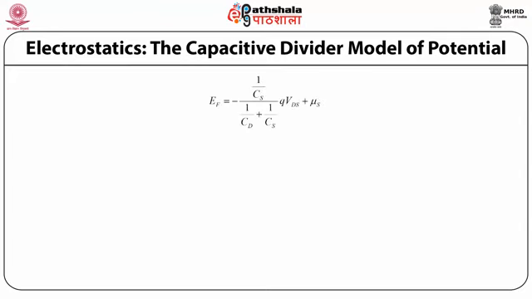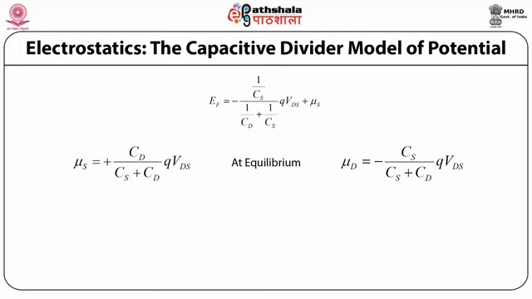That is, EF is equal to minus (1/CS divided by (1/CD plus 1/CS)) multiplied by Q VDS plus mu S. If the Fermi energy of the nanoparticle at equilibrium is taken as a reference, that is EF equal to 0, then mu S is equal to plus CD by (CS plus CD) multiplied by QVDS, and mu D is equal to minus CS by (CS plus CD) multiplied by QVDS.